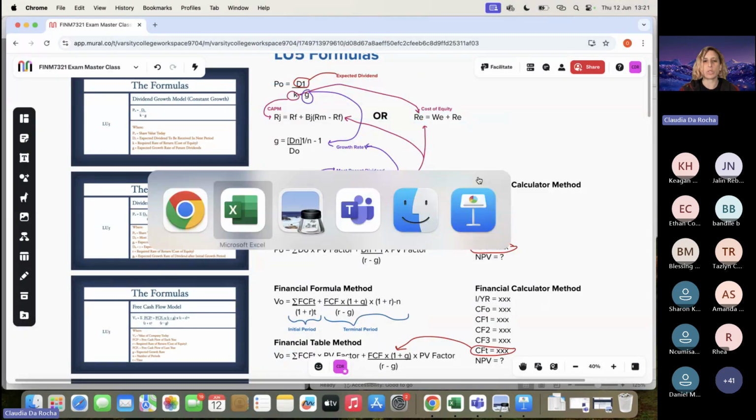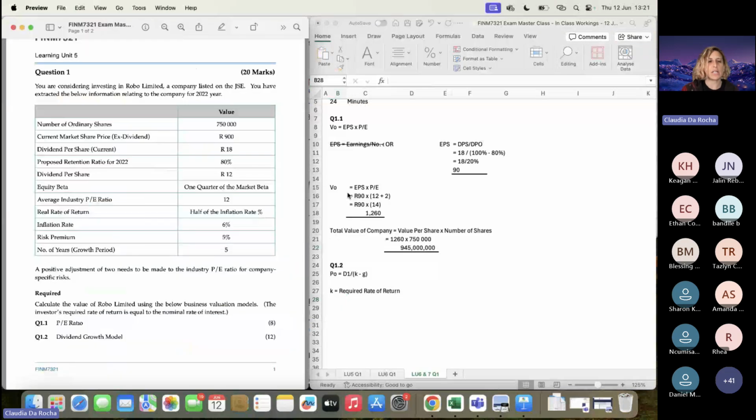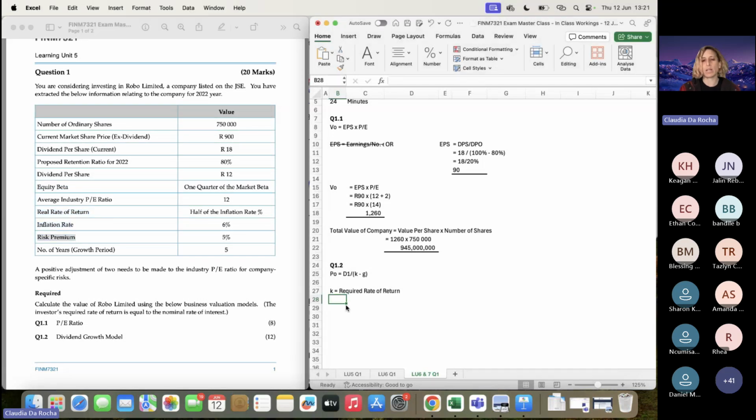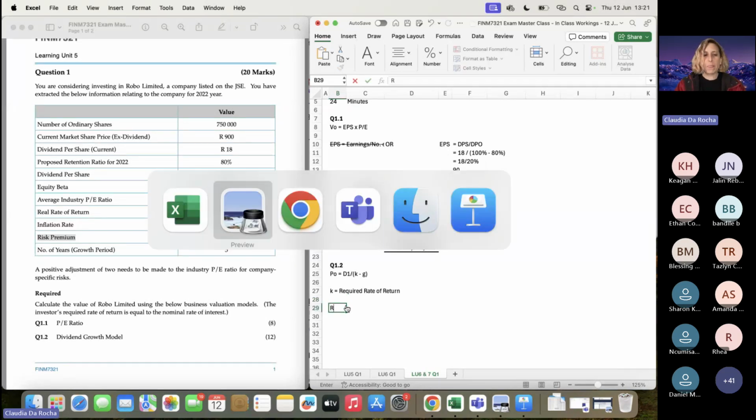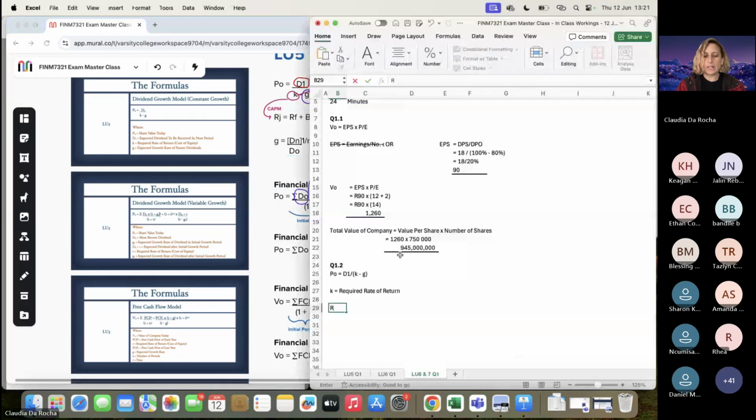All right, so let's see which one it is based on the information. Because we know we've got equity beta here, we have the real rate of return, we have inflation rate, we have risk premium, we know we're going to use the CAPM formula. So to calculate k, we're using CAPM. So we are saying R, like the formula here, RJ.